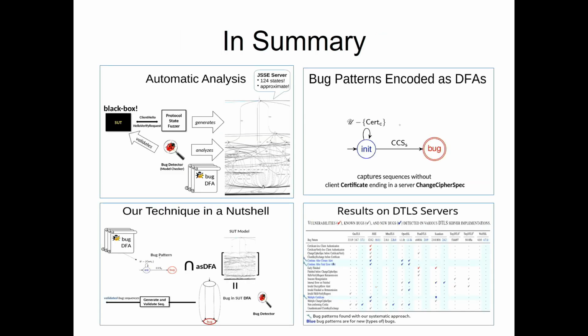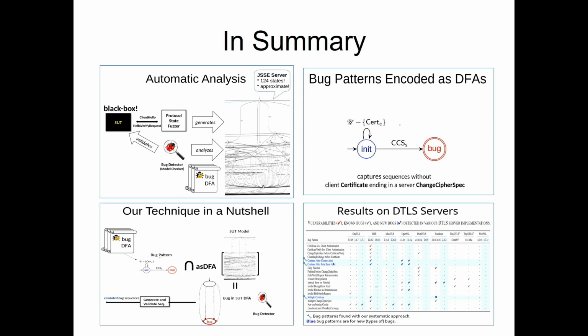In summary, I have presented an automatic technique that treats the system under test as a black box. It relies on encoding the bug patterns as DFAs, and this can be done quite easily, even manually if you want to, or it can be done systematically by the general bug pattern.